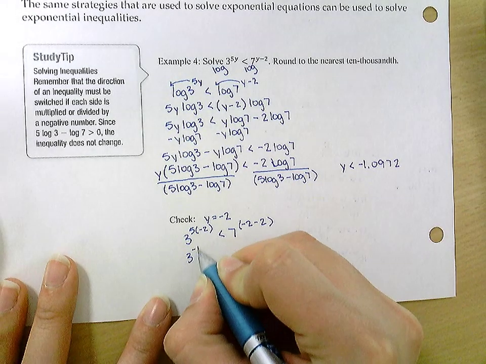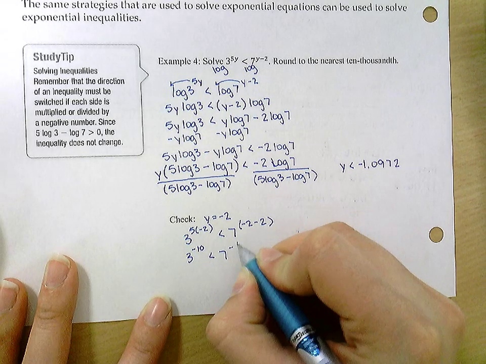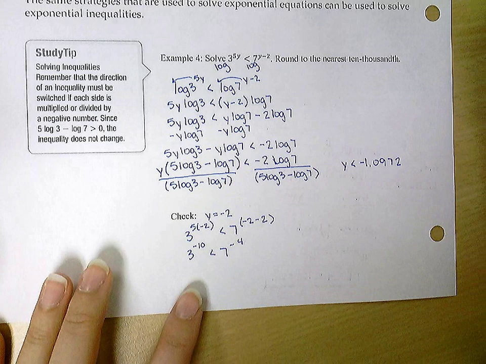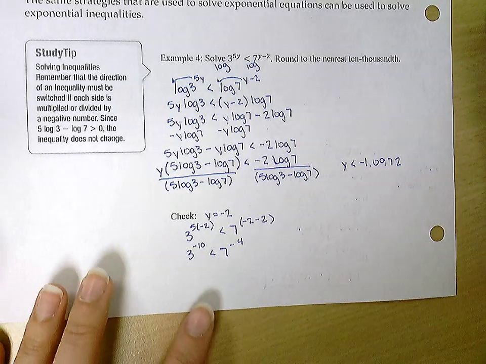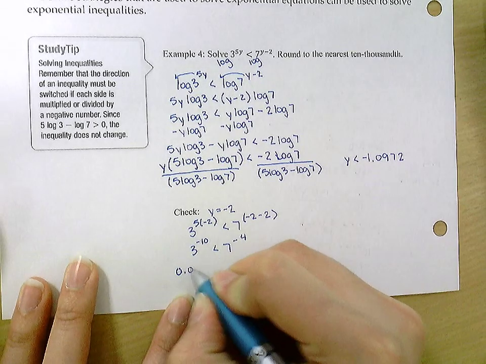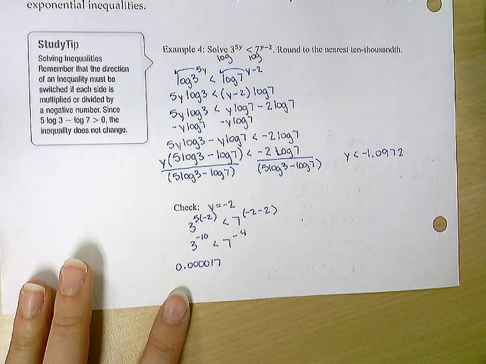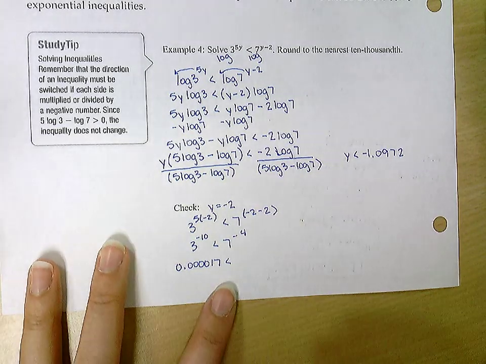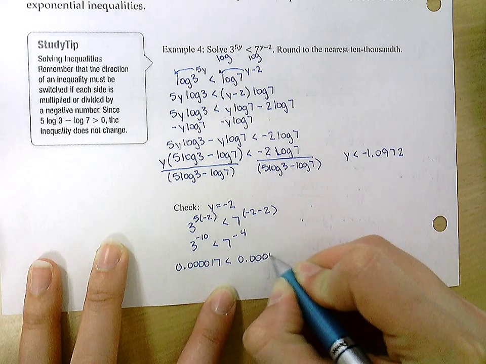So this is 3 to the negative 10th is less than 7 to the negative 4th. You can plug each of those into your calculator. If I plug in 3 raised to the negative 10th, I get 4 zeros here, 1, 2, 3, 4, and then 1, 7, is less than, when I plug in 7 to the negative 4th, I get 0.0004.